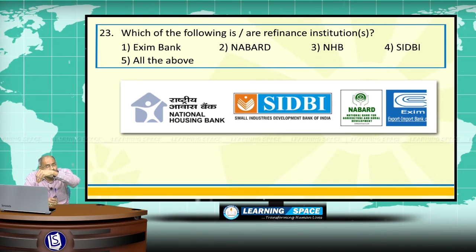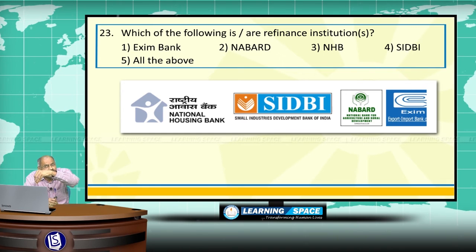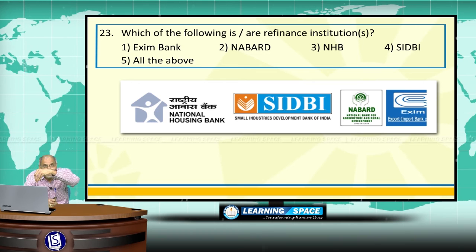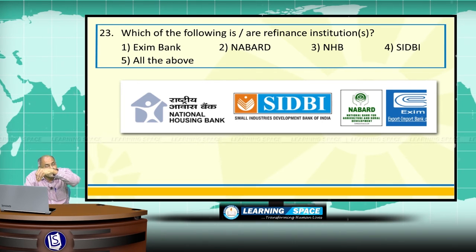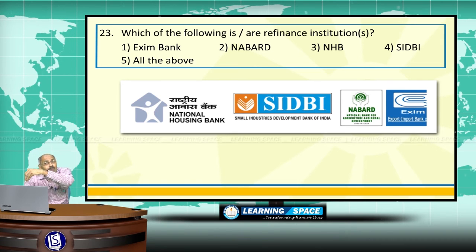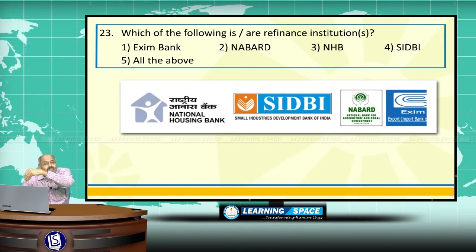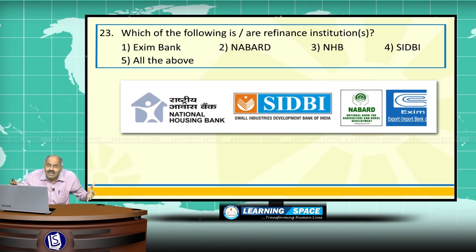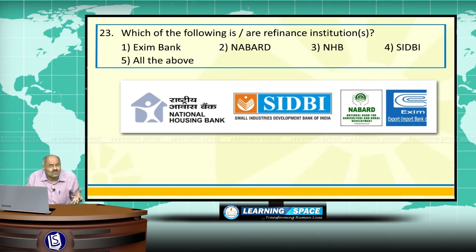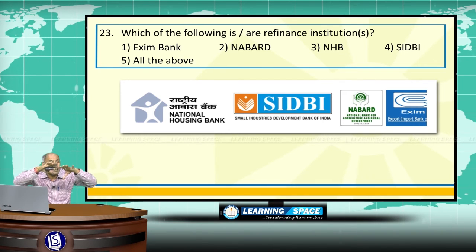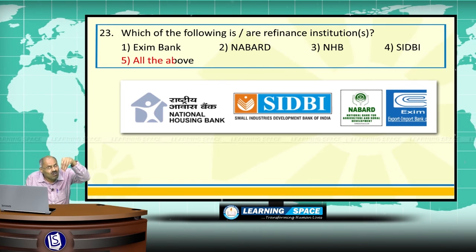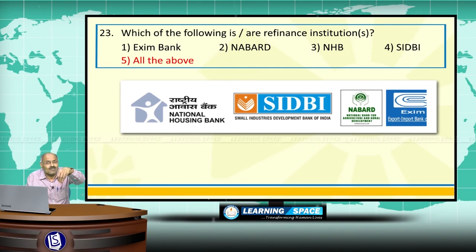NHB, the National Housing Bank, is a fully owned subsidiary of Reserve Bank of India, basically for giving refinance to the housing sector. Then SIDBI is basically to promote MSMEs and give refinance. So, these are sectoral development finance institutions, or refinance institutions. The answer here is all are refinance institutions.